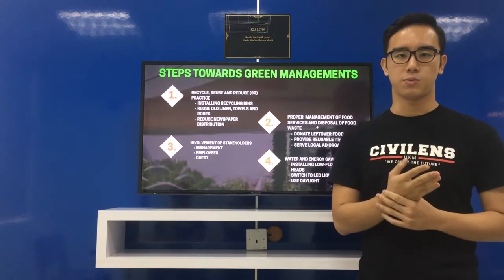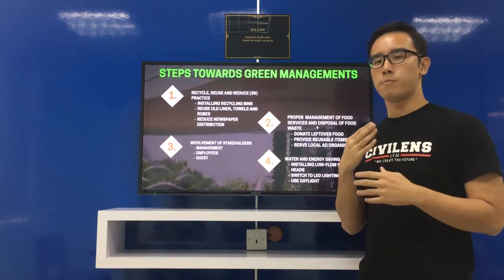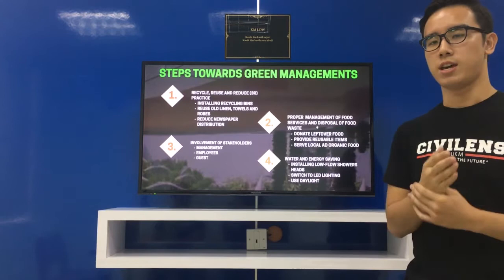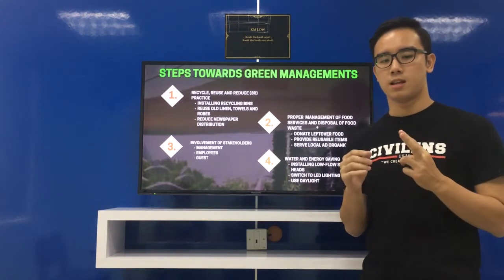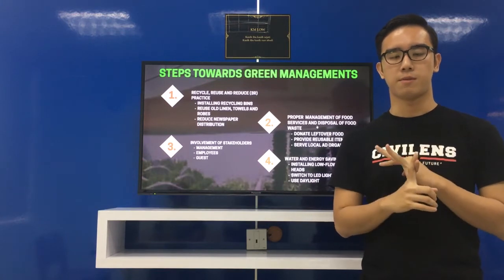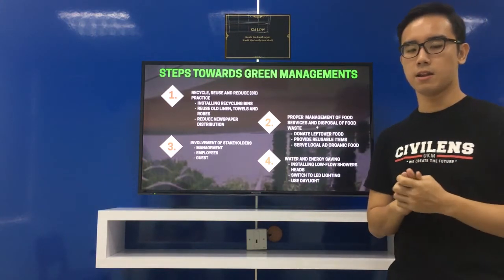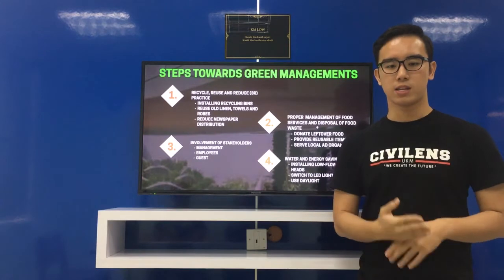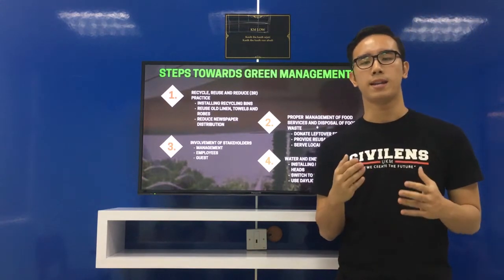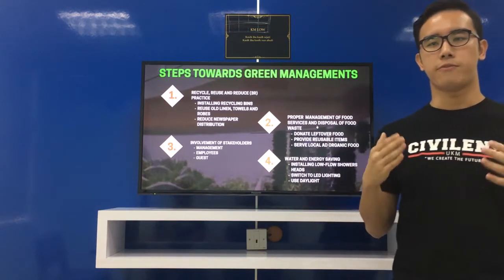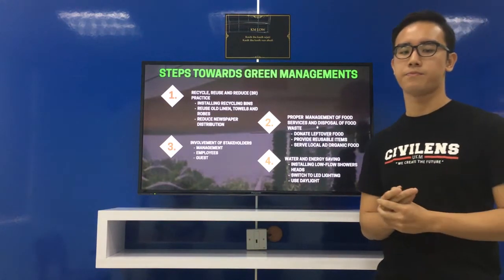The second thing we can do is to provide reusable items such as cloth napkins, glass cups, silverware, and also ceramic dishes. And the third thing we can do is to serve local and organic food. For example, we can plant an organic garden to provide fresh products for our guests.